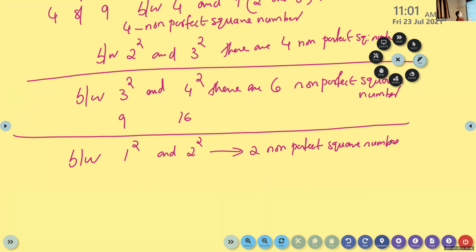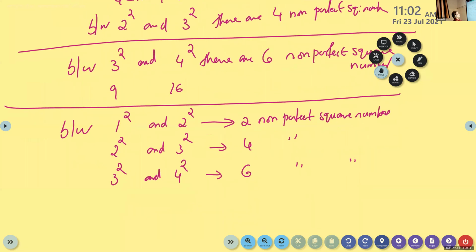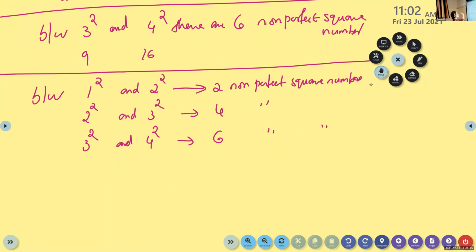Between 2 square and 3 square, we got 4 non-perfect square numbers. Between 3 square and 4 square, there are 6 non-perfect square numbers. So by these 3 results, can you deduce any relation?